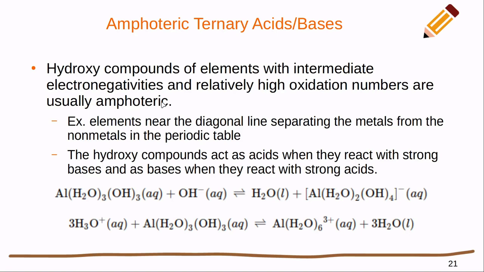They can behave both as acids and bases. An example of that would be like this aluminum structure here, where it could accept a hydroxide when exposed to strong base and act like an acid, or the case where it could accept a proton and act like a base.